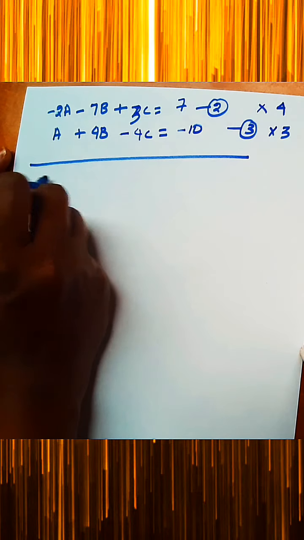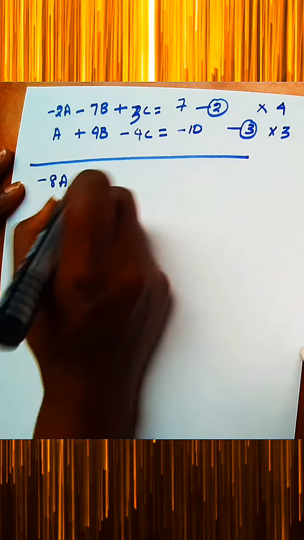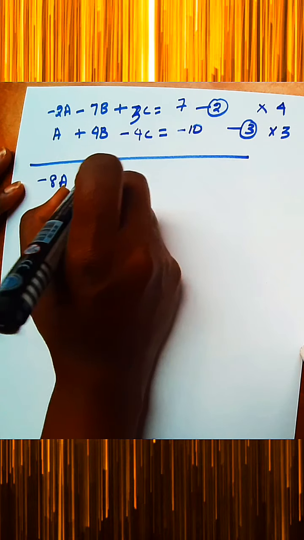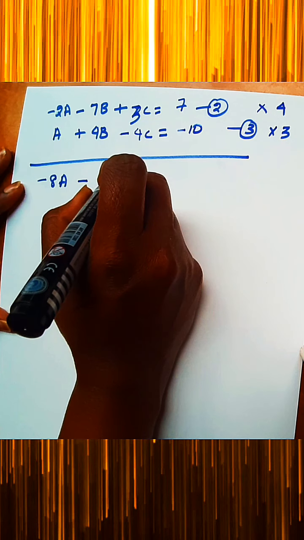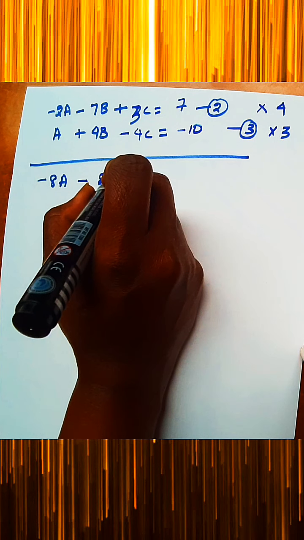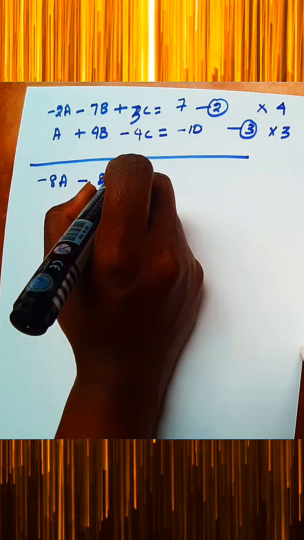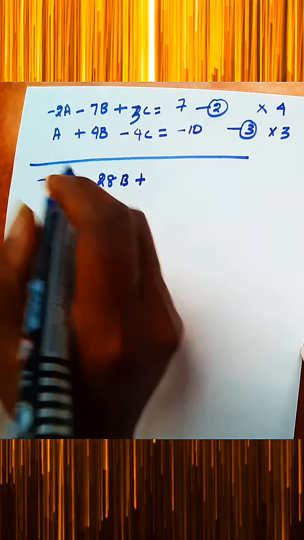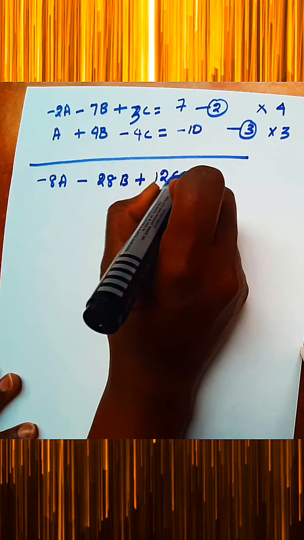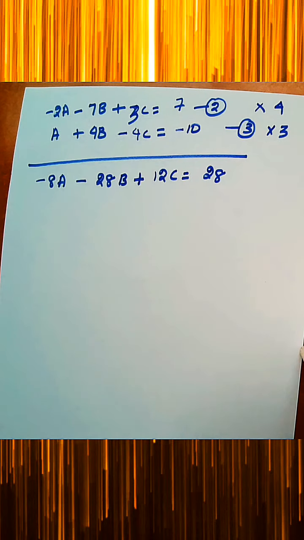So we are going to multiply equation 2 with 4. So 4 into negative 2a is negative 8a. Minus 4 into 7 will give you, 4 7s are 28, minus 28b, plus 4 3s are 12c is equal to 4 7s are 28. Understood students?